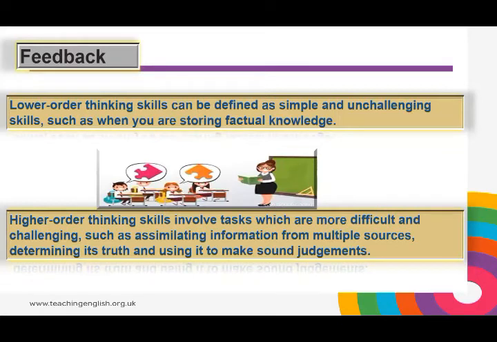Assimilating means understanding information from multiple sources. So these are the definitions of lower order thinking skills and higher order thinking skills.